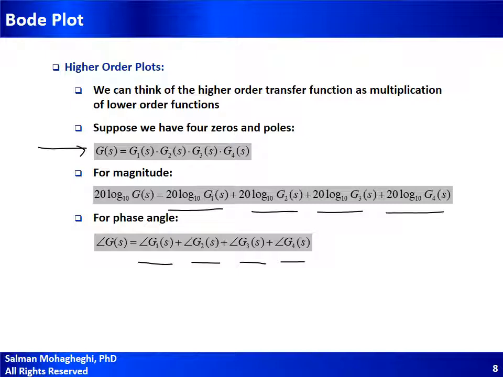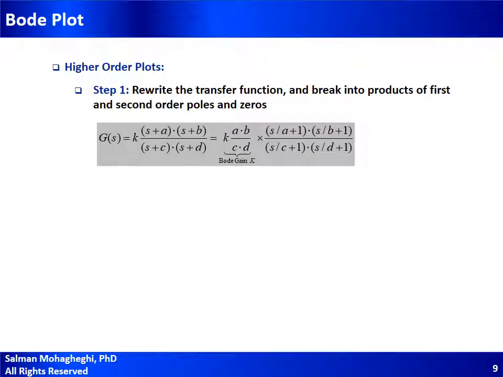Once you add all the Bode plots of magnitudes of individual terms, you will get the Bode plot of the higher order system. If you add the phase plot of all these individual functions, you will get the phase plot of the overall function G(s). So we use this in order to find the Bode plot of higher order systems.